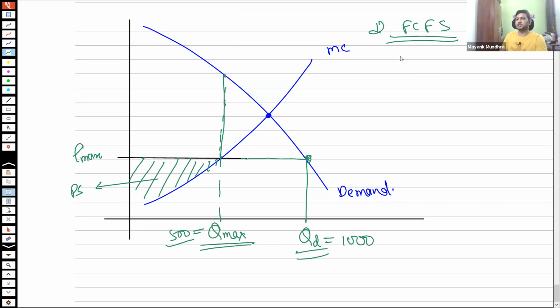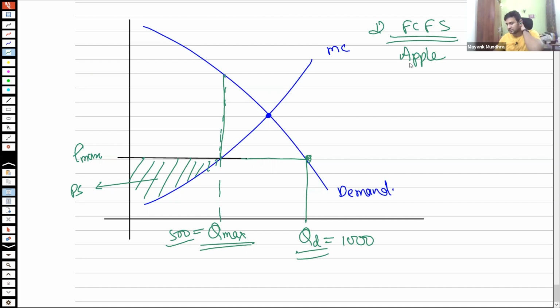First come first serve. You come first, you get it first. So this strategy was used by Apple. When Apple initially used to launch its mobile phones, it used to get a huge demand. It would say it will be available in limited stores, but only people coming first will get it.